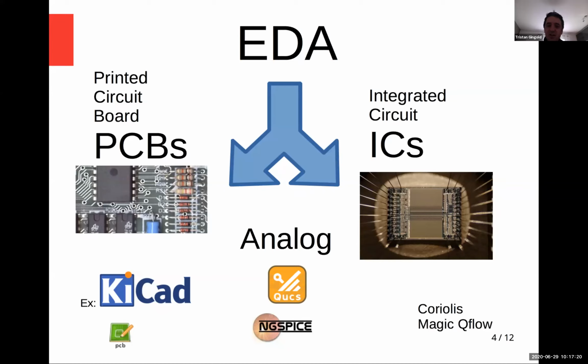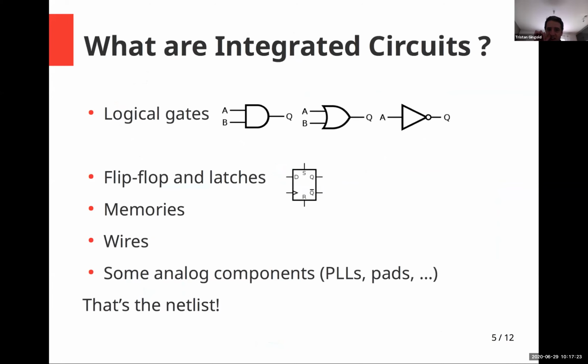So let's focus on integrated circuits. Basically, numeric integrated circuits contain an ocean of gates which are used to do computation, flip-flops and latches, which are used to memorize bits and data, and also to synchronize the signal propagation. Memories are used to store a lot of data.